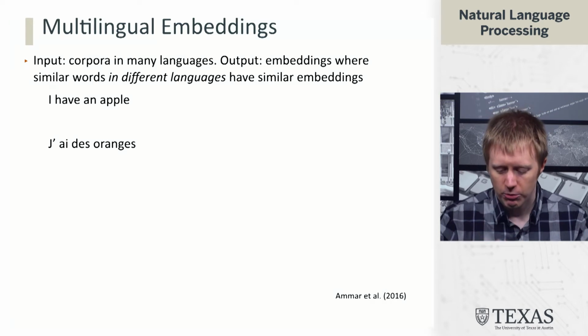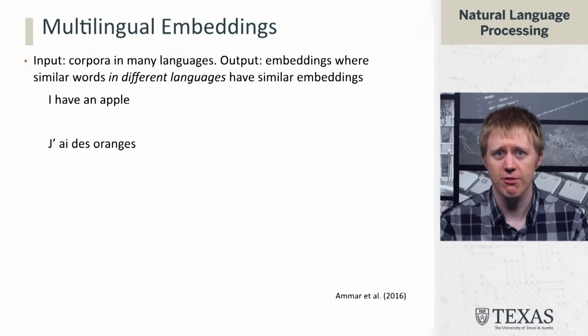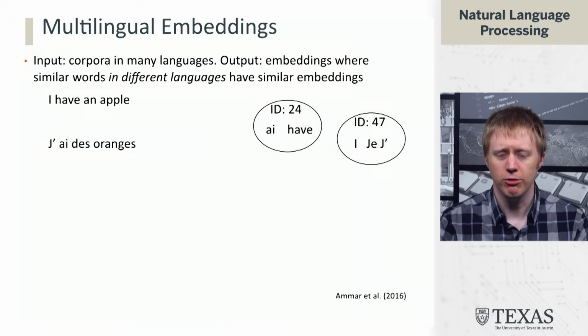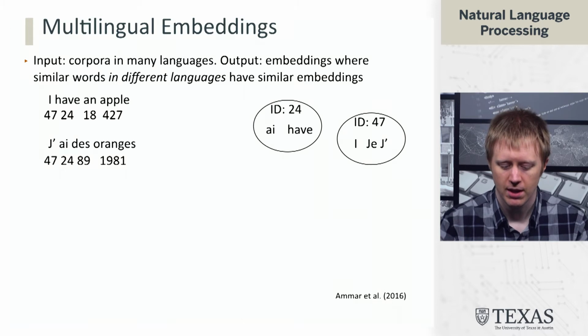Okay, so what happens? If we have sentences like I have an apple or j'ai des oranges in French, we can form clusters based on dictionary translations of words. So for example, a and have are translations of one another, and I in English and je in French are also translations. And so we can just get this out of a dictionary and map these things down to basically cluster IDs.